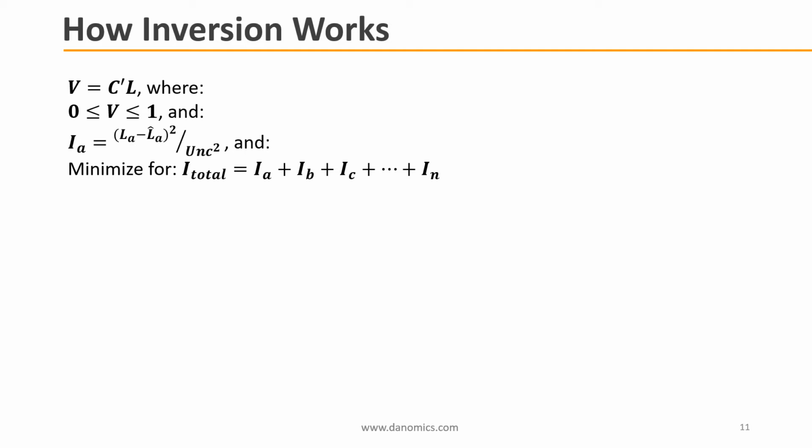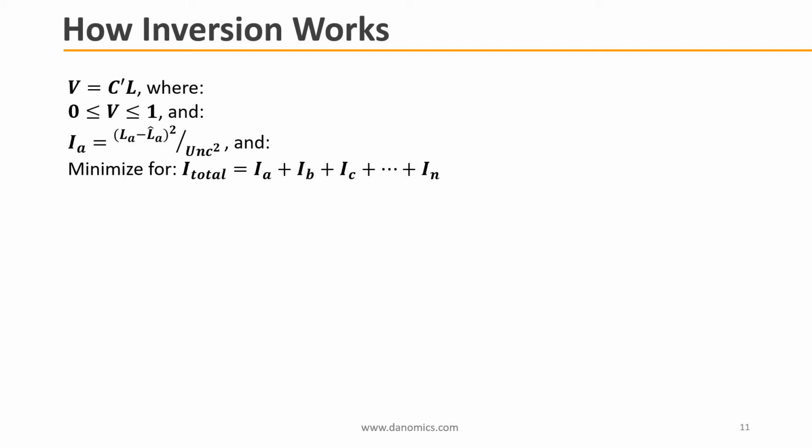As I said, it needs to be a little more complicated here. First of all, we rearrange our equations so we're now solving for the volume of our minerals. We apply some basic constraints. We know the volume of each mineral has to be greater than or equal to 0 and less than or equal to 1.